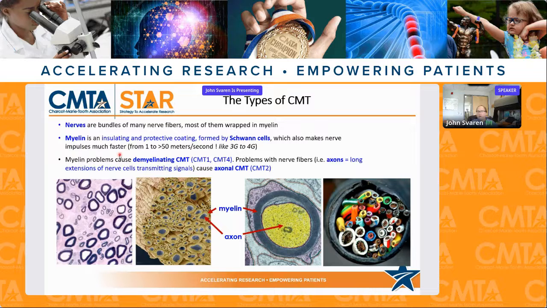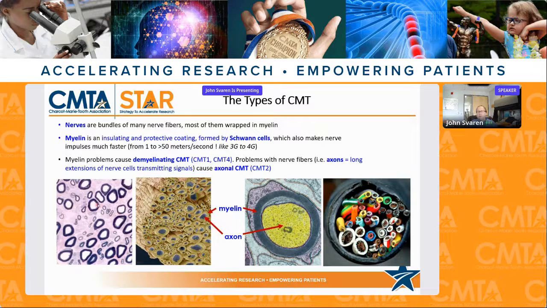I'm going to tell you a few things you hopefully may have heard already. When we talk about CMT, this affects nerves. These are different pictures of nerve fibers, and there are a few terms that you need to know to understand some of the rest of the presentations here. Nerves occur in bundles.